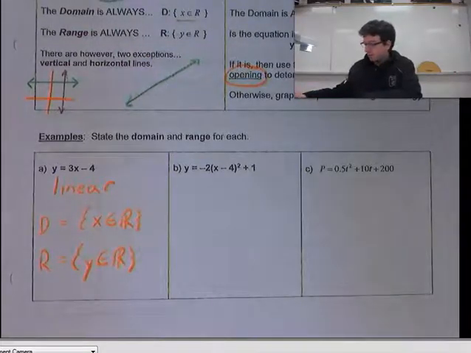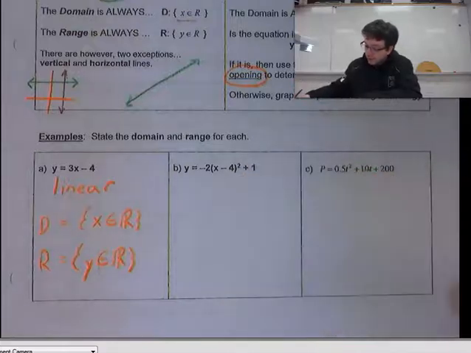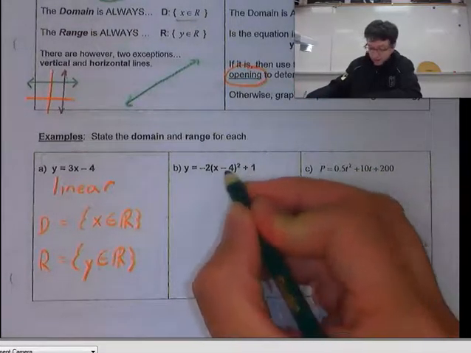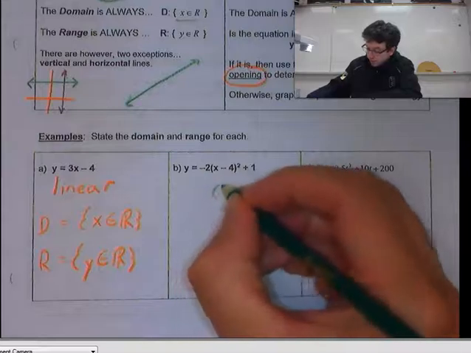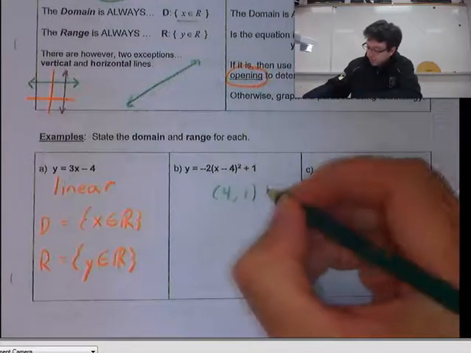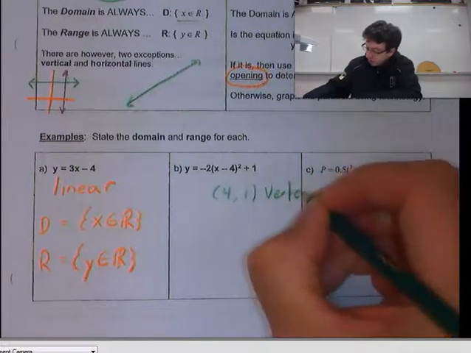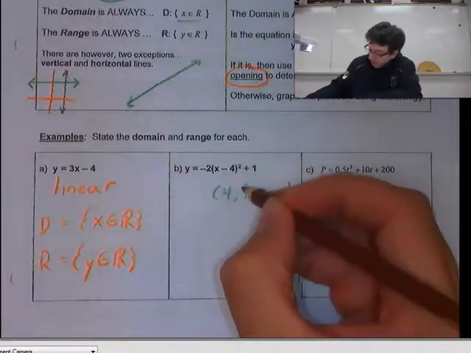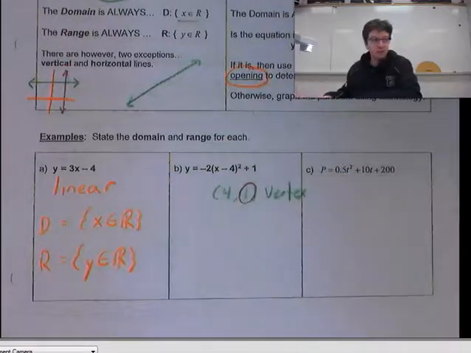All right, the quadratic. Now in this case, our vertex is (4, 1). So that's our vertex. Now technically, you only really need to know this value, which is our vertical shift.